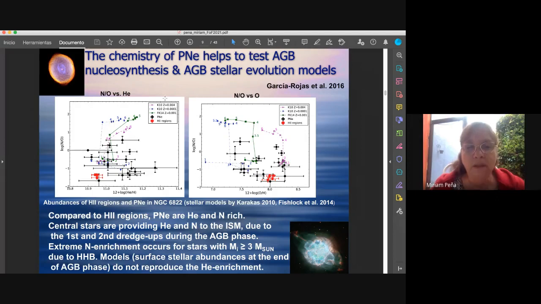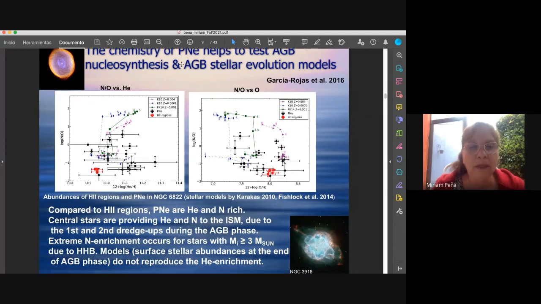The models present the surface stellar abundances at the end of the AGB, and we are comparing these abundances directly with planetary nebulae. We can see here that models, for instance, do not predict the helium enrichment in planetary nebulae.